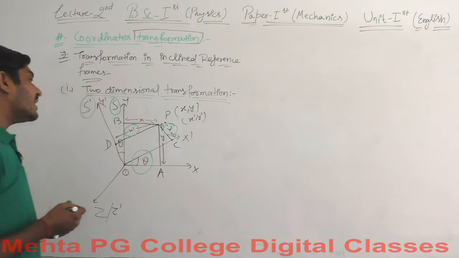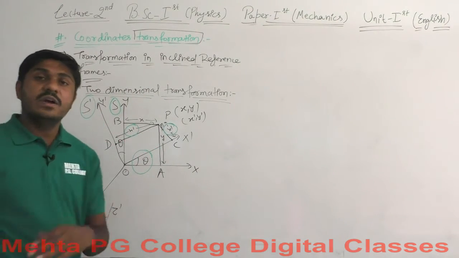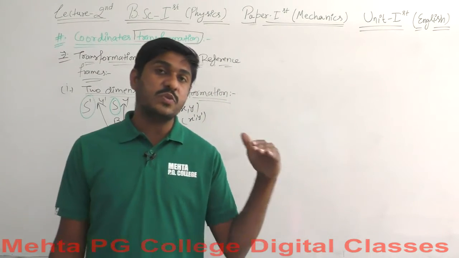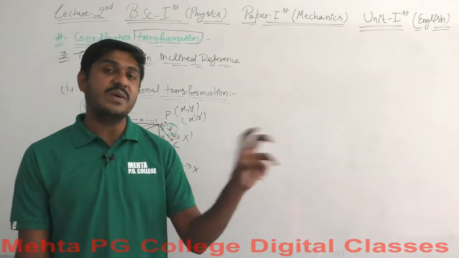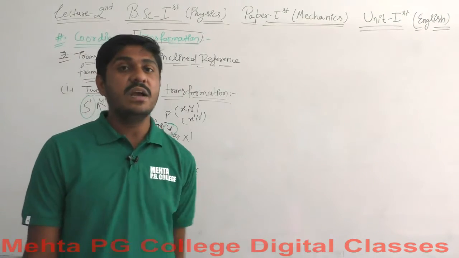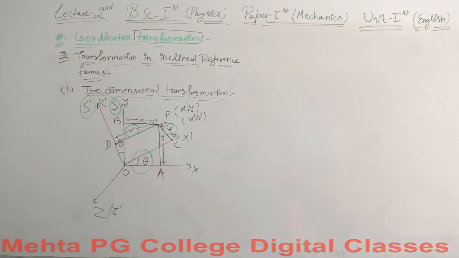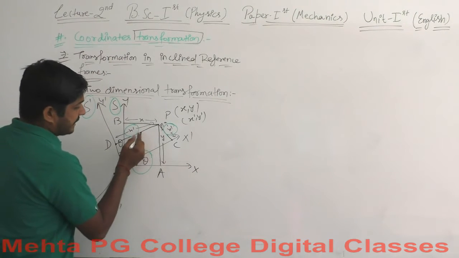By now we are going to have some complications, so we are going to draw some lines to achieve our right angle triangles, so that we can apply trigonometric rules and then go to an axial transformation.